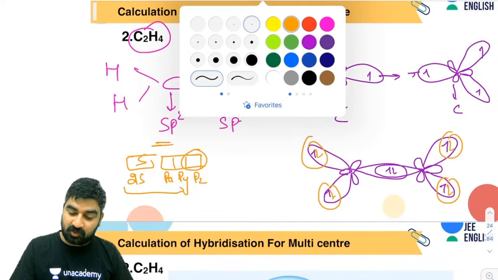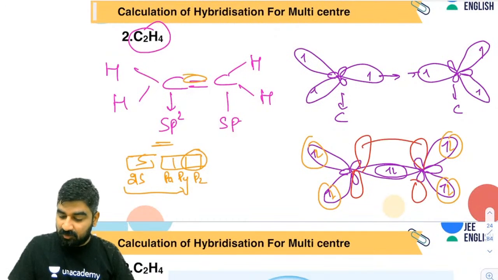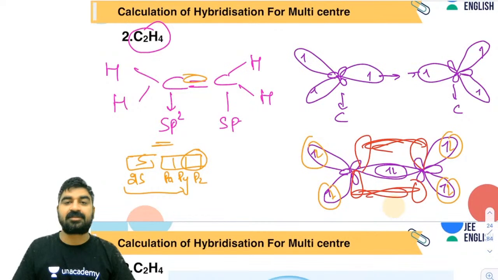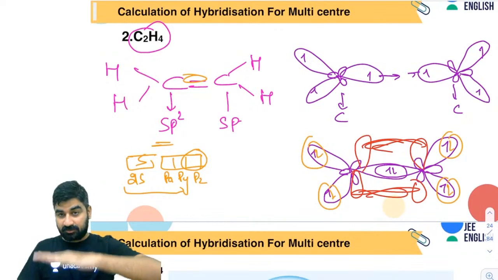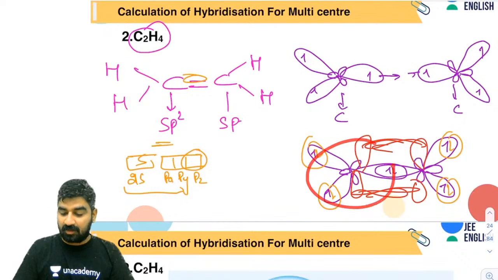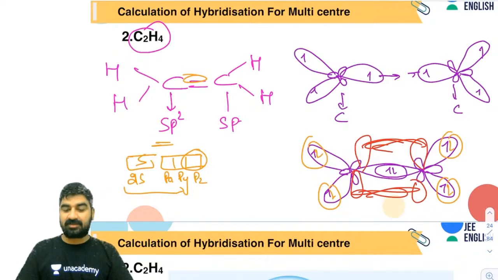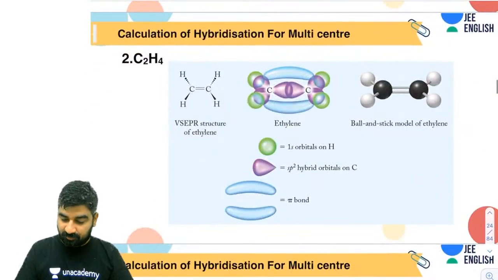Now let me show you that on hybrid orbitals it will be like this. So now pi bond formation will take place. All three hybrid orbitals of this carbon and three of the other carbon will be in the same plane, and the p orbital will be above the plane and below the plane.